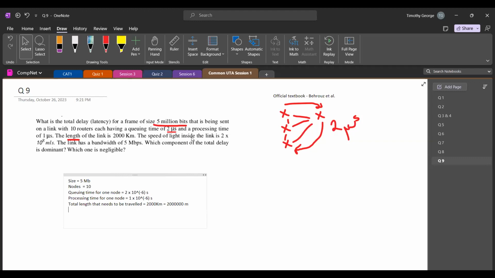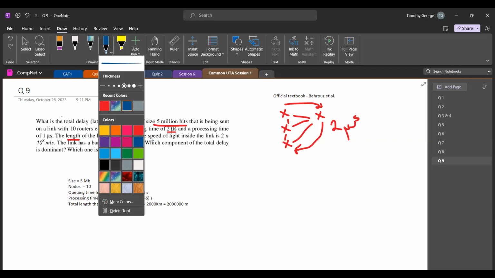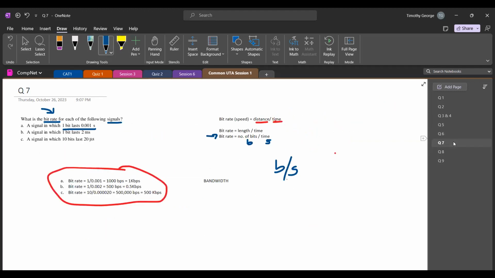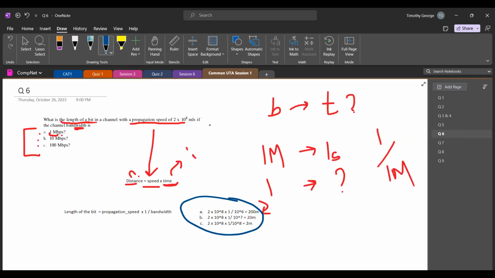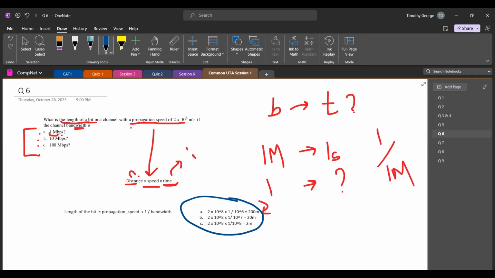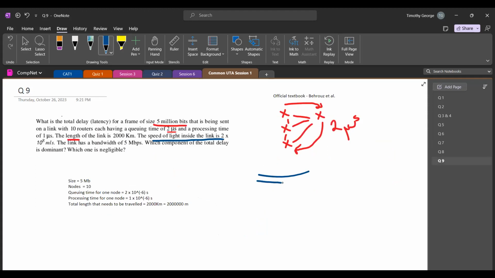What are we given next? Speed of light inside the link. Why are they telling us the speed of light? If you recognize 2 x 10 raised to 8, it's the same as in a previous question: the propagation speed. If you have a link, how fast something propagates from one end to the other, that's 2 x 10 raised to 8 meters per second.